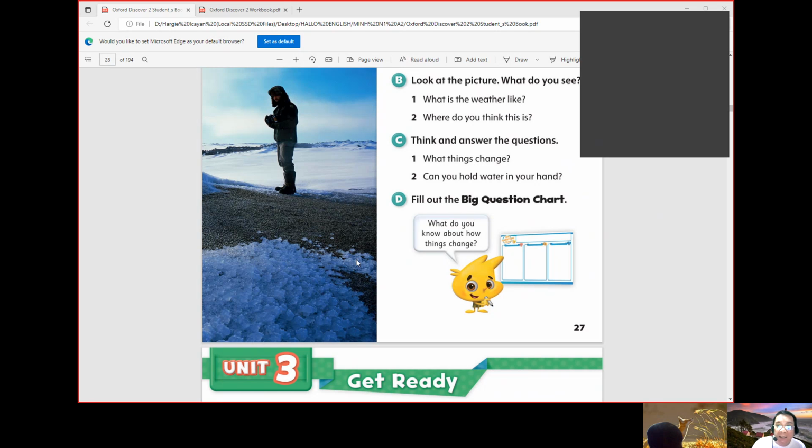Because if the water, for example in a river or swamp, or in an ocean or a sea, becomes solid because of the snow, then water can be transformed into solid, or solid can go back to its original form, which is liquid. Can you hold water in your hand, Min? No. Okay, we cannot hold water in our hand.